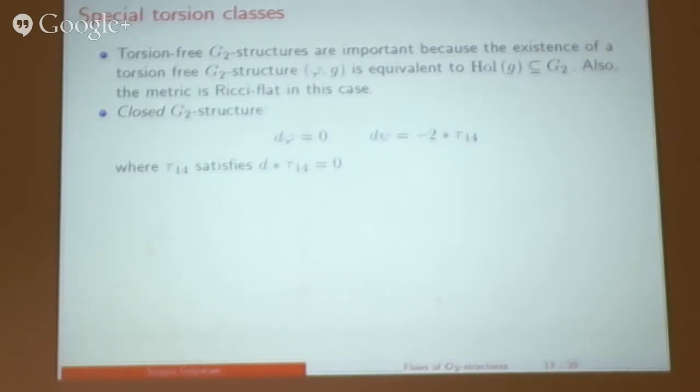This is a G2 structure where the 3-form is closed, so d of phi is 0. This means that the 1-dimensional, the 7-dimensional, and the 27-dimensional components of the torsion vanish, because that's what they make up in d phi. So each of these components should vanish individually.